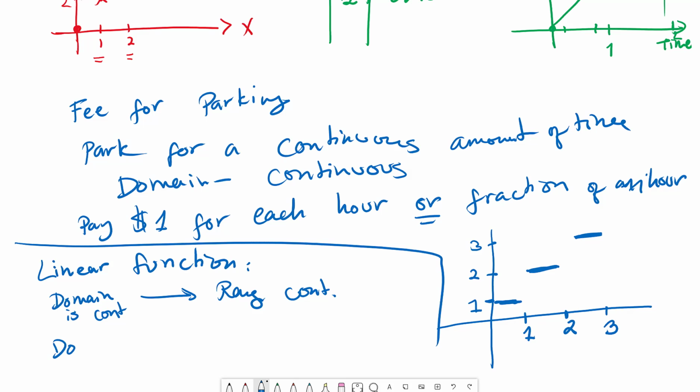If our domain is discrete, our range has to be discrete. And that's one of the differences between a linear function and other types of function. So this was a quick explanation of what the difference between discrete and continuous domain and range are.